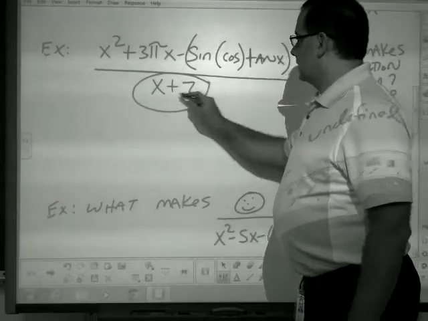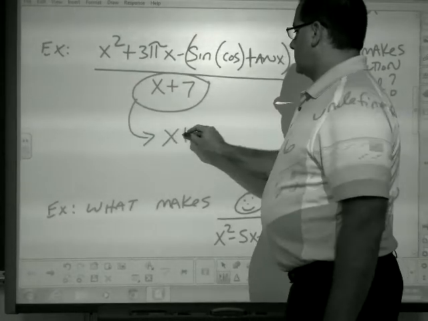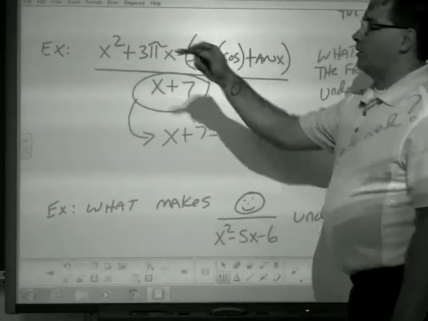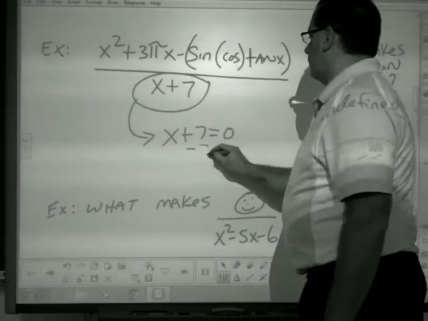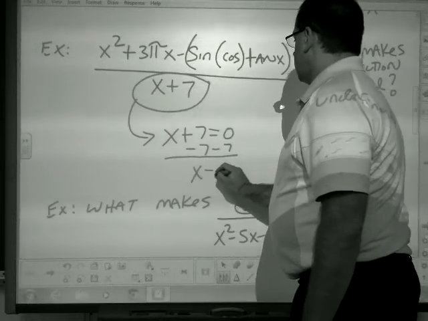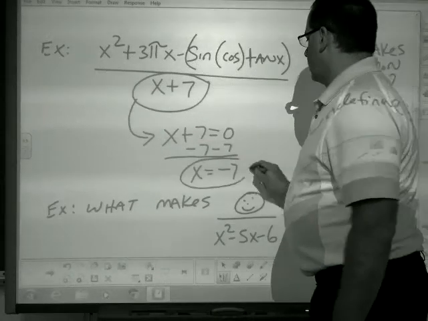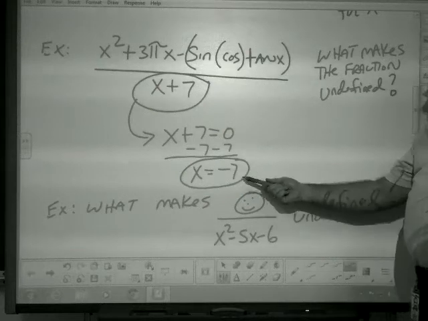I take the denominator and I set it equal to 0. Subtract 7 from both sides. X equals -7. There. That's what makes that fraction undefined, when x is -7.